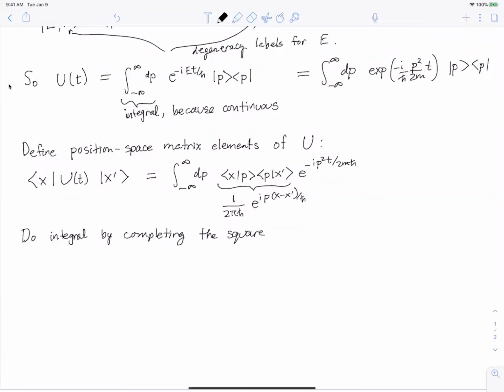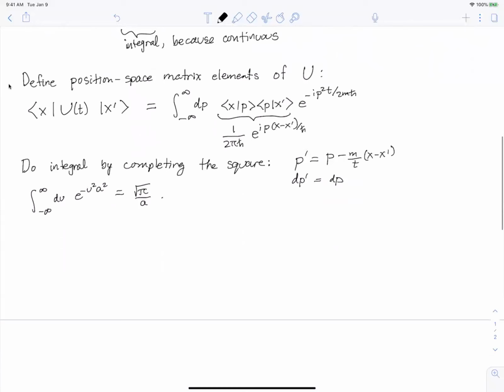So what that means is you look for a new change of variables. In this case, the thing that works is p prime equals p minus m over t, x minus x prime. Okay, and dp prime is dp. And we're using the fact that if we integrate minus infinity to infinity, du, e to the minus a squared u squared, that's square root of pi over a.